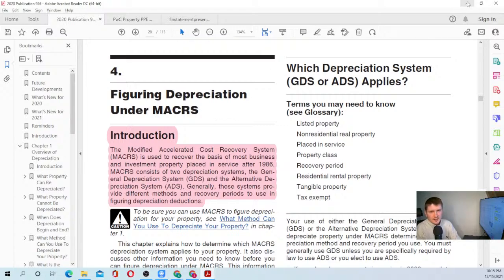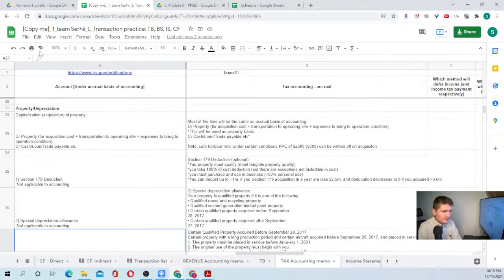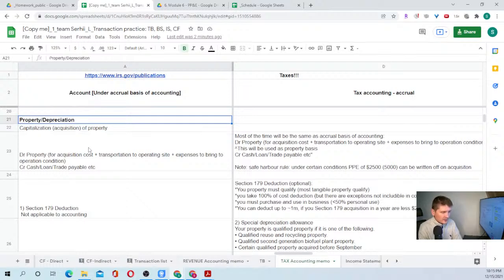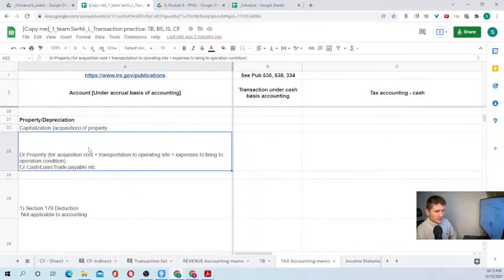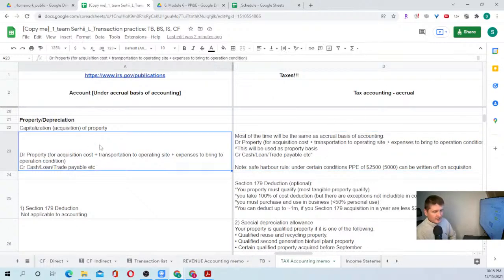So let's summarize our experience today. What did we learn? For tax purposes, similar to accounting purposes, we need to figure out the taxable base of the property. And the taxable base will be close to property capitalized under accounting standards.